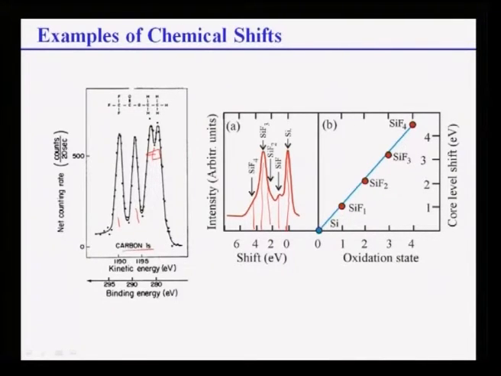By this way, one can determine the exact state of the atom. If I plot the oxidation state versus core electron shift, silicon has oxidation state 0, SiF has 1 oxidation state corresponding to 1 core electron shift, SiF2 2, SiF3 3, SiF4 is a little bit higher than 4. That means there is a linear relationship between oxidation state and the core level electrons.